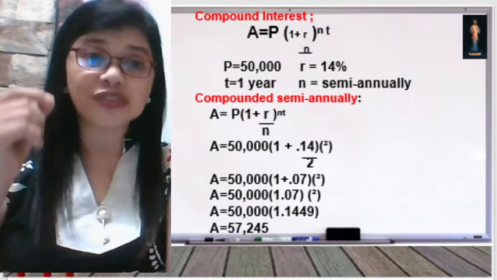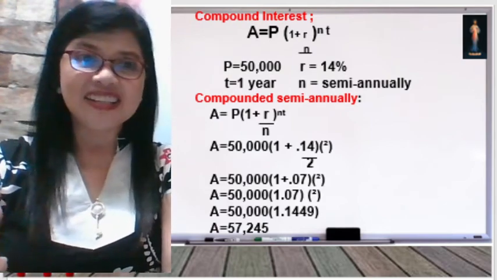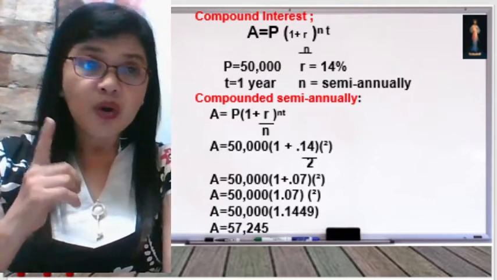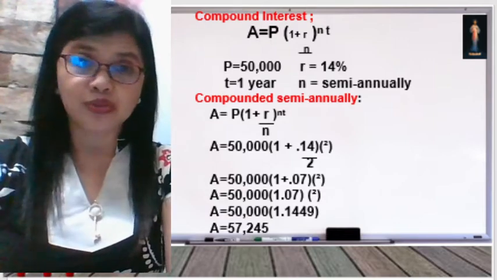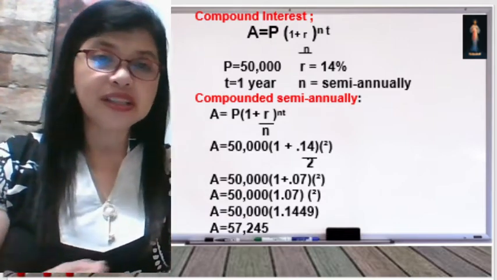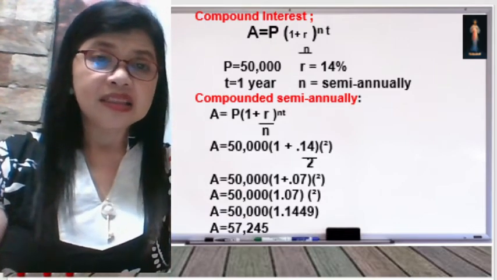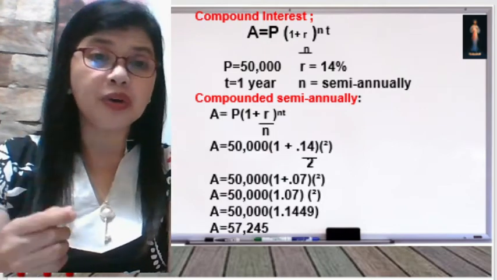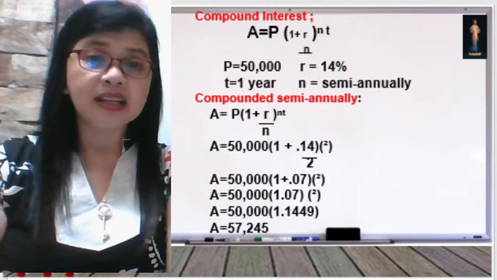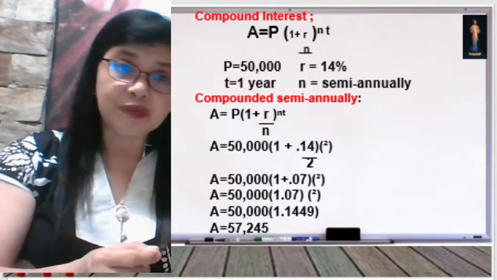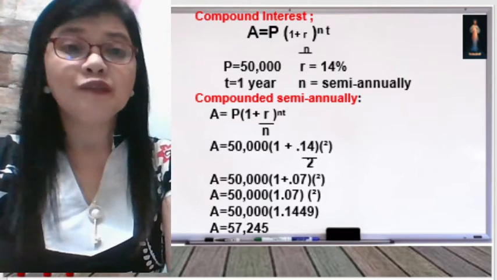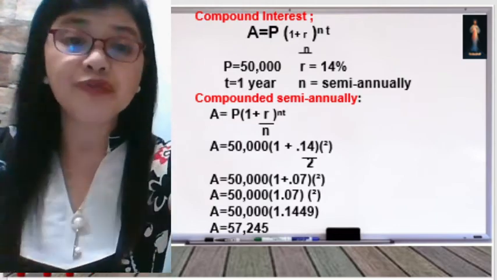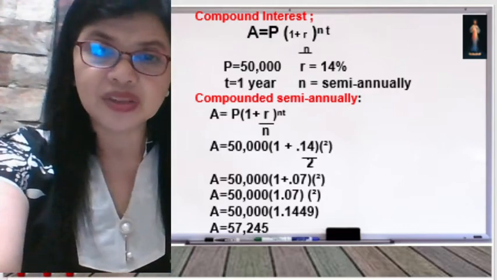Because it is compounded semi-annually. But the time is still the same, 1 year, so you need not write 2 times 1. 50,000 times 1.07 raised to the second power, which is 1.1449. 1.1449 times 50,000 will give us 57,245. So that is the future value. Now let's go to the next slide.